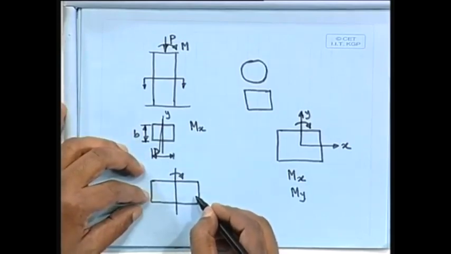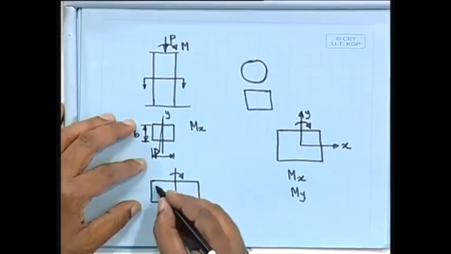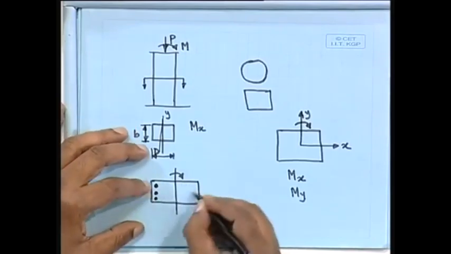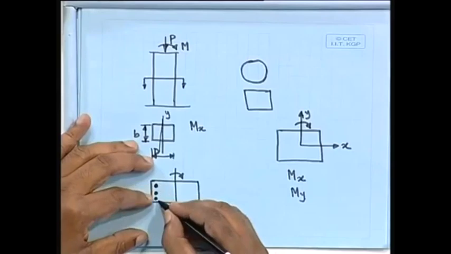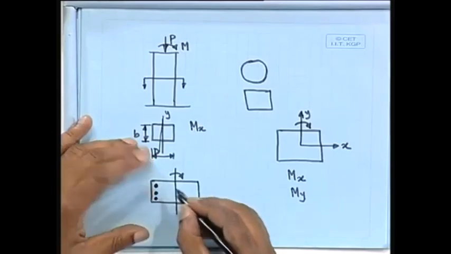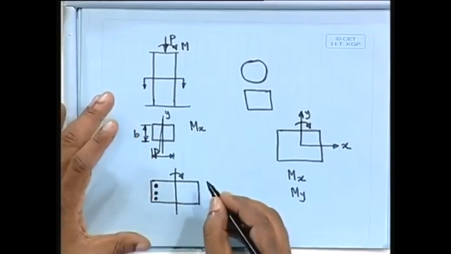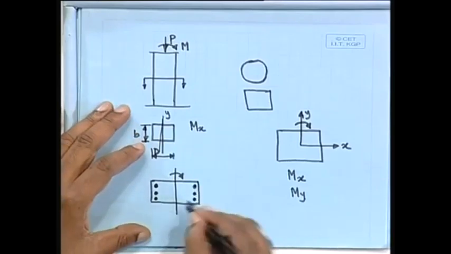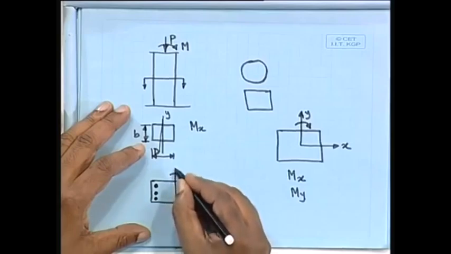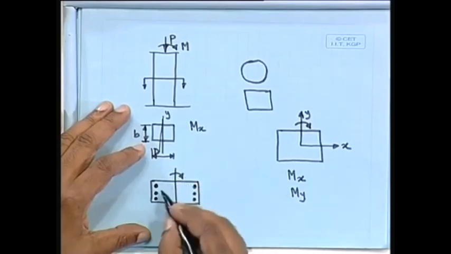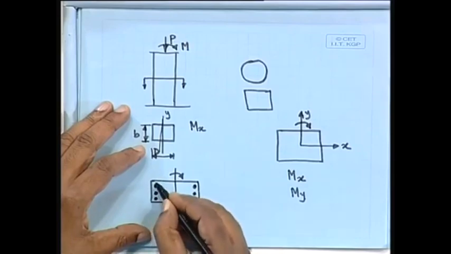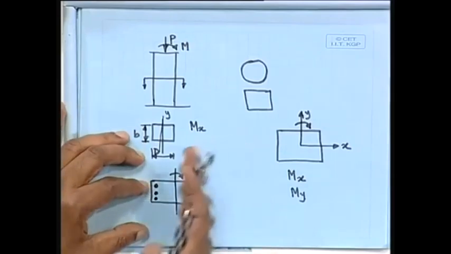And also we can provide the reinforcement along this only, because then we get the maximum benefit. So far as axial load is concerned there is no problem wherever you put the reinforcement, but for the bending moment acting about this axis, we can provide the reinforcement at this end and the other end.